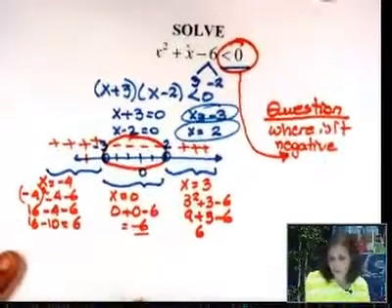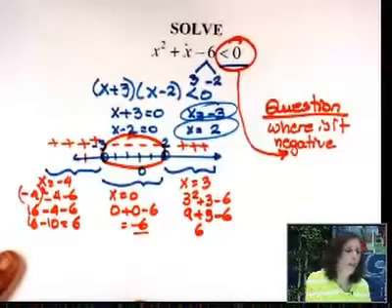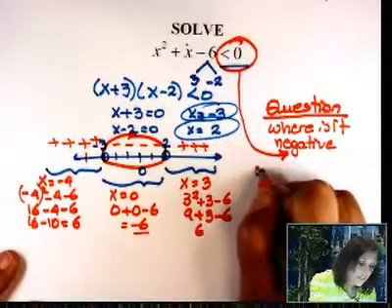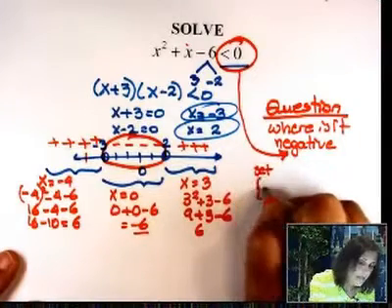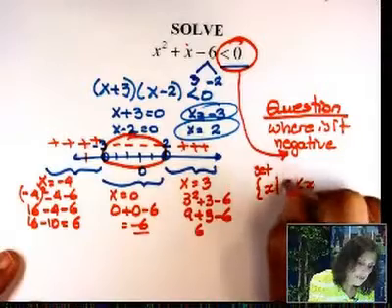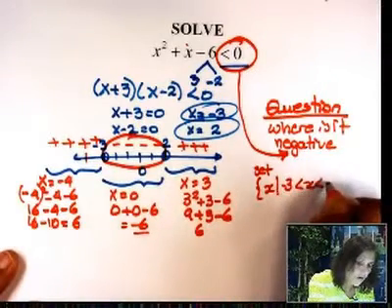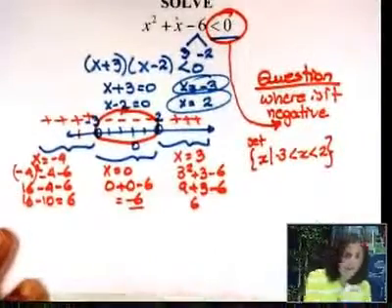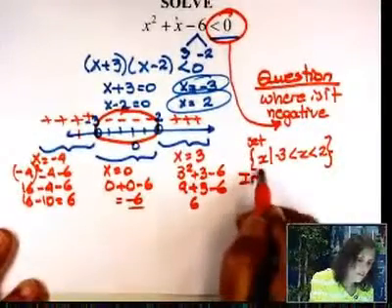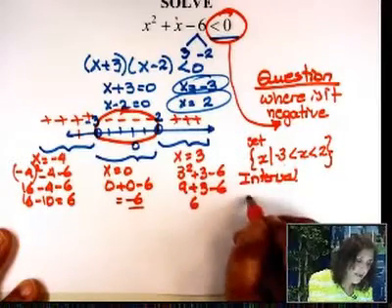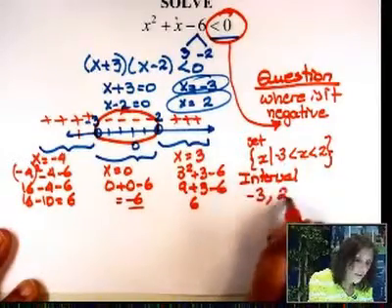So let's write it in a couple of different ways. Let's go with set notation: x such that x is between negative 3 and 2. Interval notation: starting point negative 3, ending point 2.